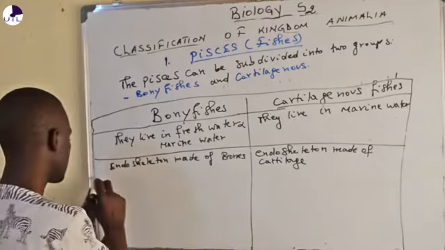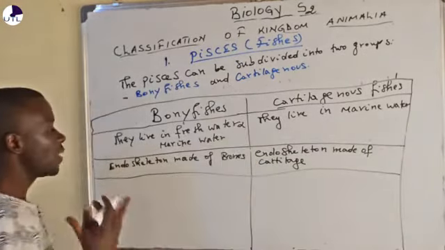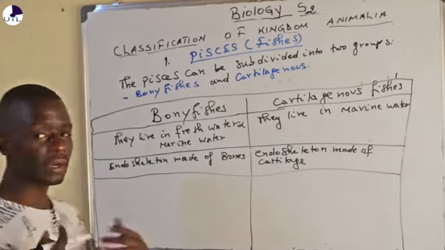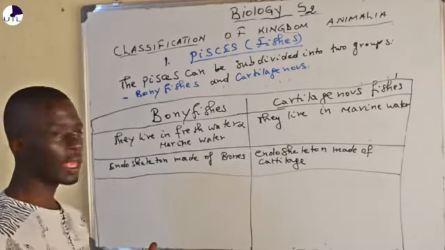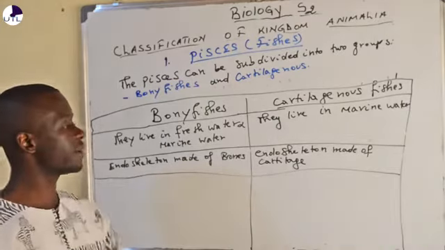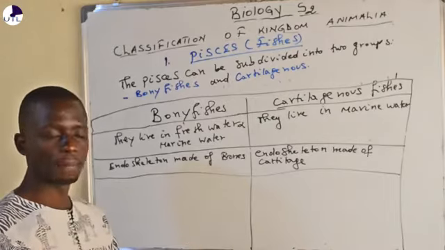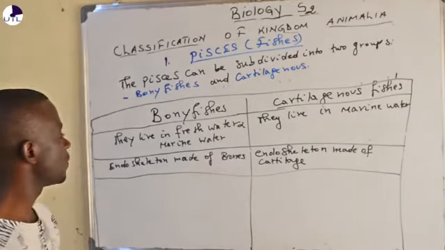The bone fishes have an endoskeleton which is made up of bones. That's where it gets its name. While the cartilaginous fishes have an endoskeleton which is made up of cartilage.